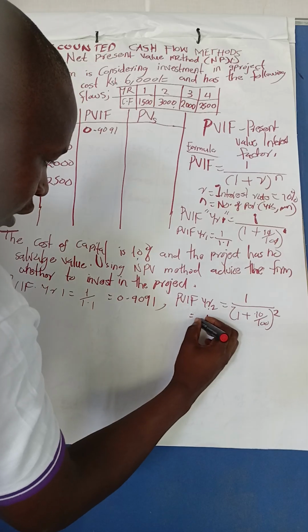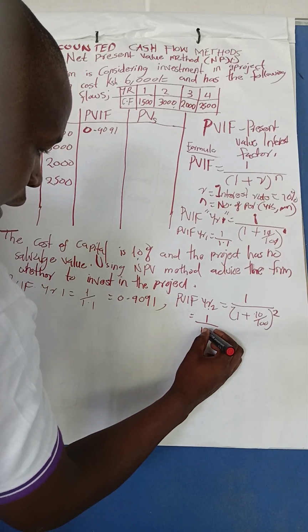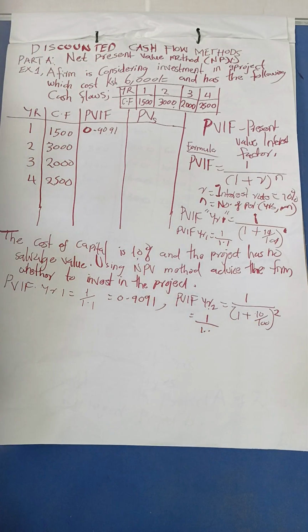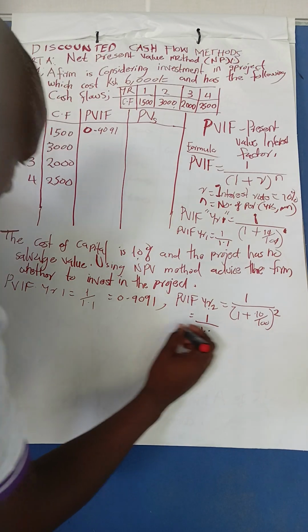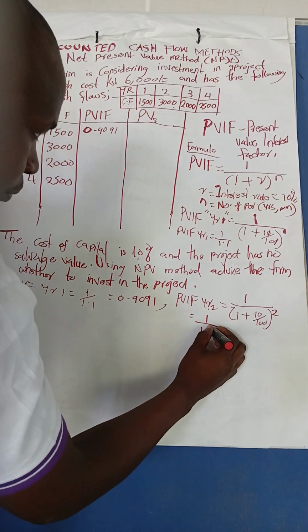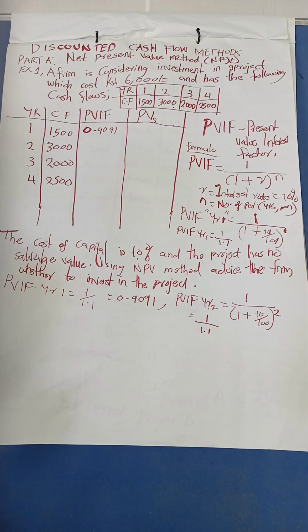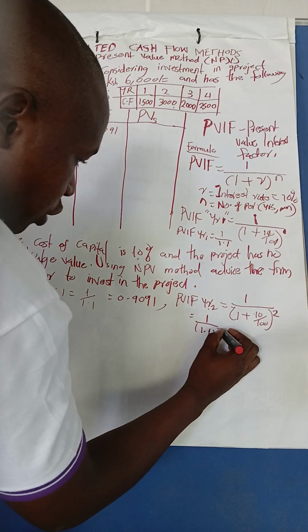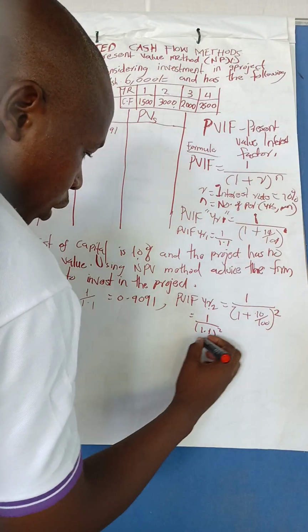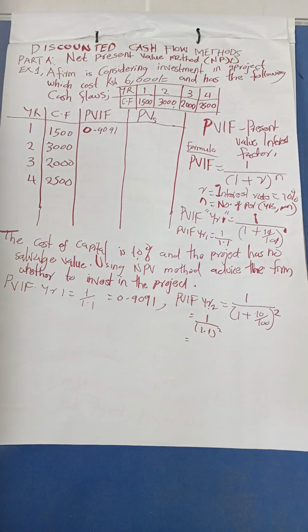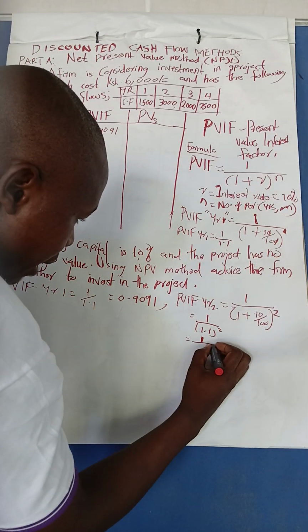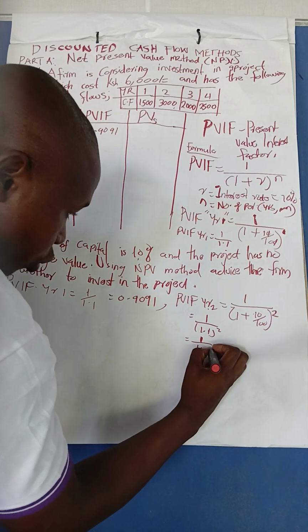So if you do that, it will be 1 divided by 1.1. Remember this one was 1.1. 1.1 squared. If you square 1.1, what do we have? I will have 1 divided by 1.21.